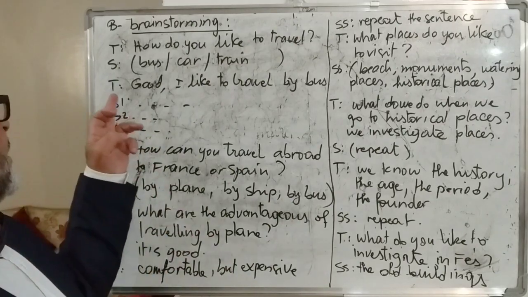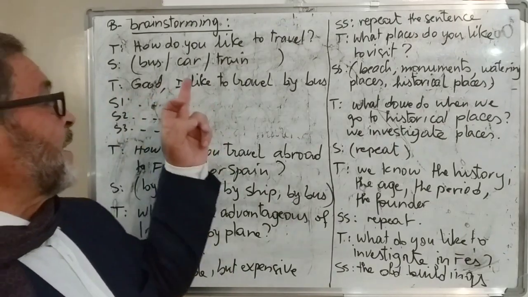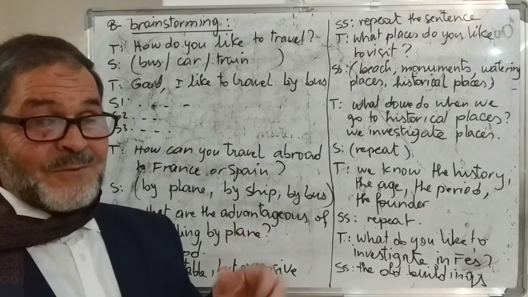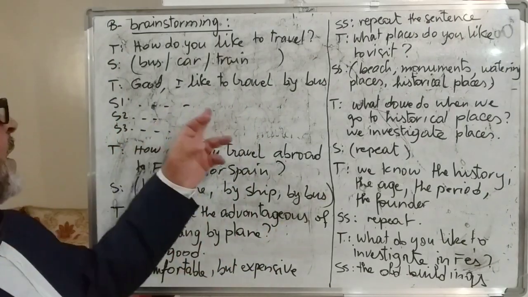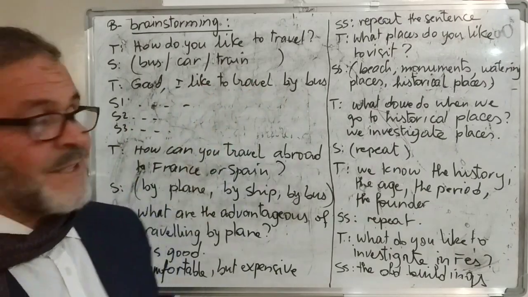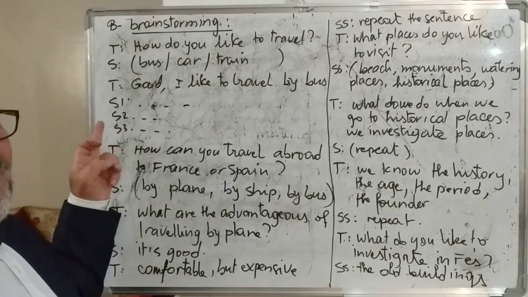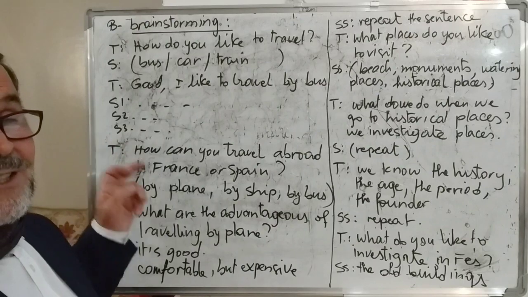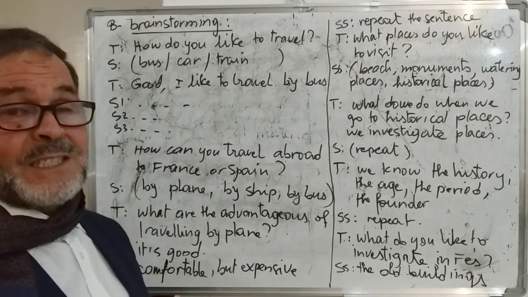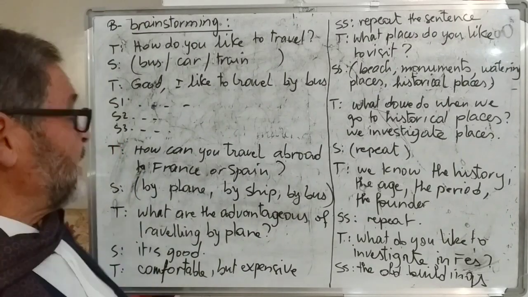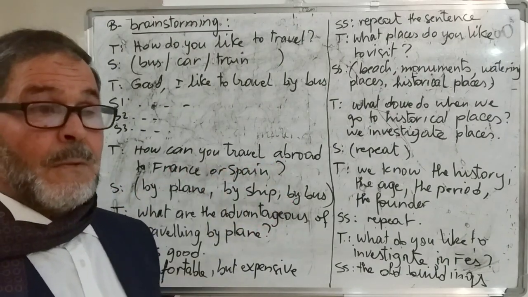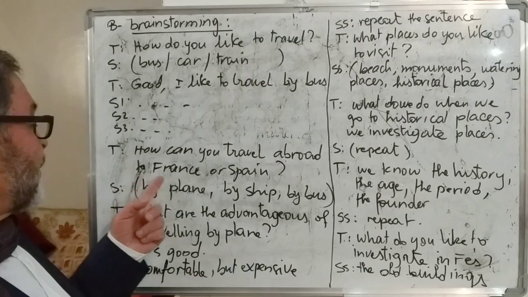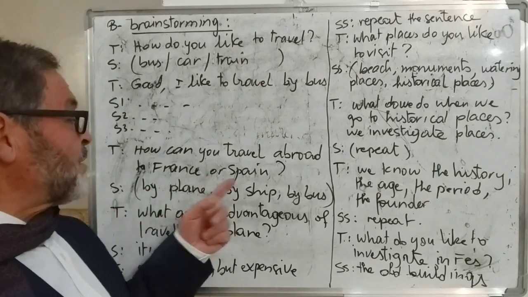Okay. And teacher: Good. I like to travel by bus. So we give them the sentence or the expression. I like to travel by bus. Student 1 repeats, student 2, student 3, they are going to repeat three or four sentences: by train, by bus, and so on. Teacher: How can you travel abroad? Oh, what is abroad? To France or to Spain.